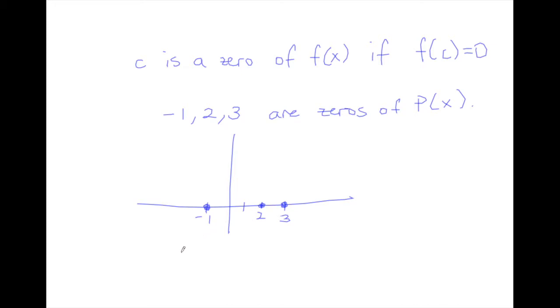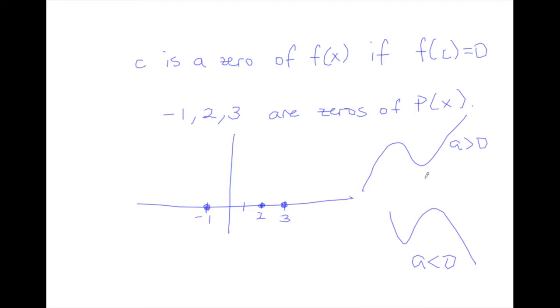And because our polynomial was a cubic, now a cubic polynomial has a shape that looks like an S or a reverse S. And it's an S shape if the leading coefficient is positive. And if the leading coefficient is negative, then it's a reverse S.